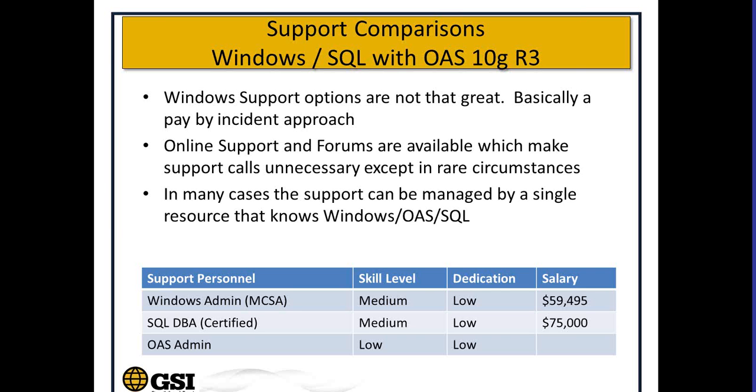If I want to open up a call with Microsoft or have a customer open up a call with Microsoft, it's usually going to be on a pay per incident basis, unless, of course, you're a large-scale customer and you have a lot of Microsoft stuff going on. They do have more support offerings available for enterprise-style customers, but it's not like you just buy the software and you automatically get the support like you do with some of the other platforms.